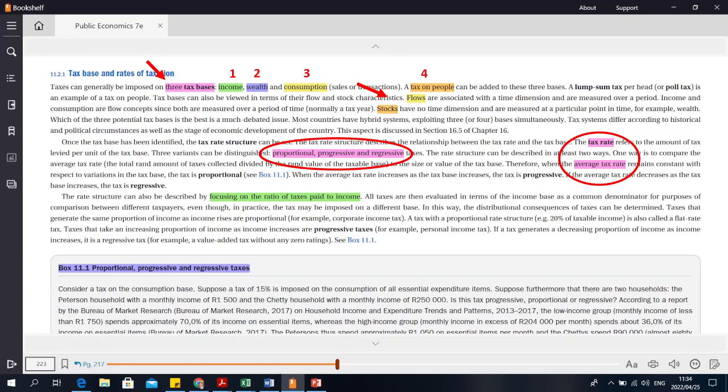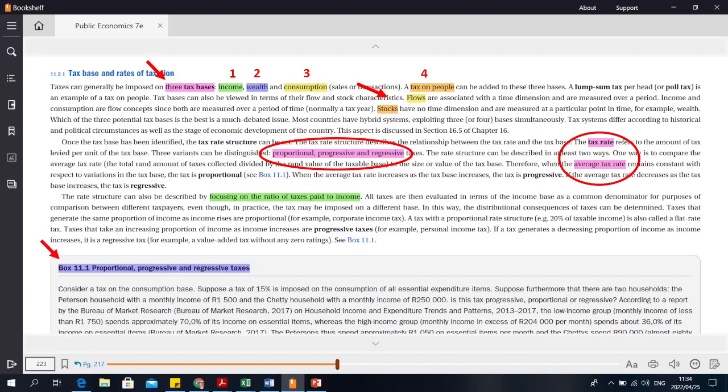But if your income increases and then the rate that you pay, the total tax divided by your total income, increases, which is the case in South Africa, then we have a progressive tax. If it would be the other way around and you pay less and less as your income increases, which one wouldn't think is possible with an income tax, then it would be a regressive tax.